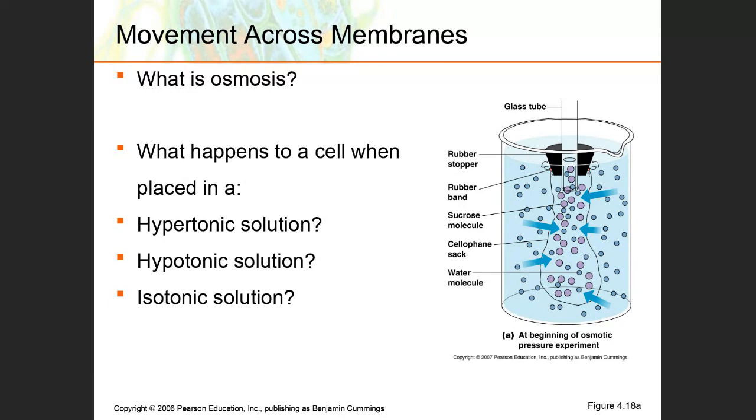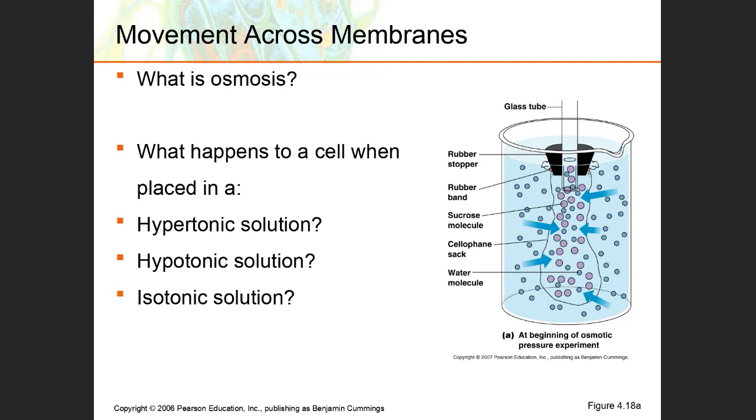But the solute is dissolved in the solvent, which in this case is water. So a hypertonic solution has a high concentration of solute. A hypotonic solution has a low concentration of solute. And remember, these are relative to the other side of the membrane. Isotonic is the same concentration of solute on both sides of the membrane.